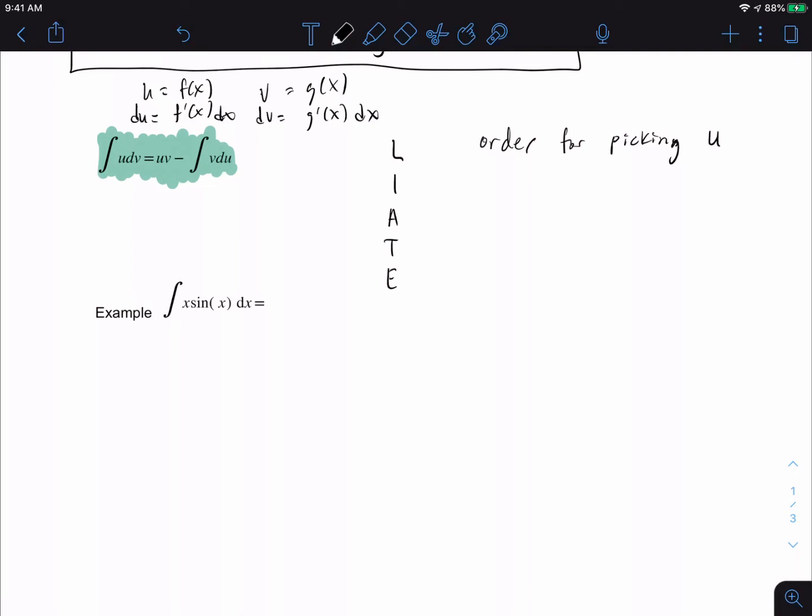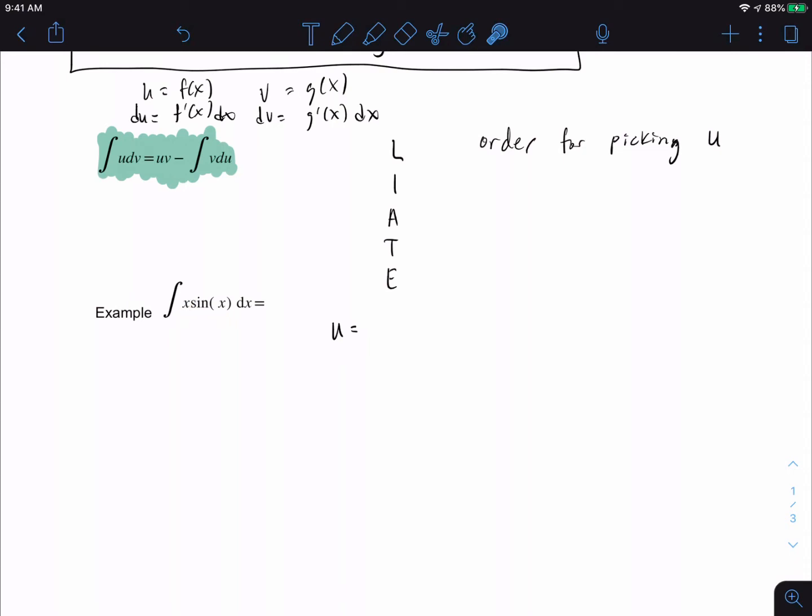Okay, let me set up this first problem so you can see the order. What should be my U in this case? Because we do have a product: x times sine of x dx. What do you think? Would it be x? Very good. x is algebra.